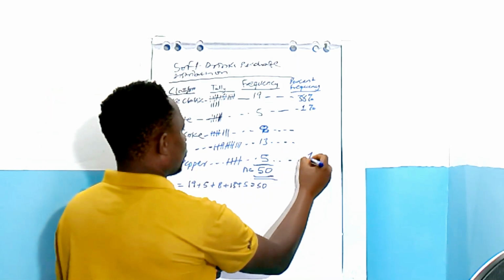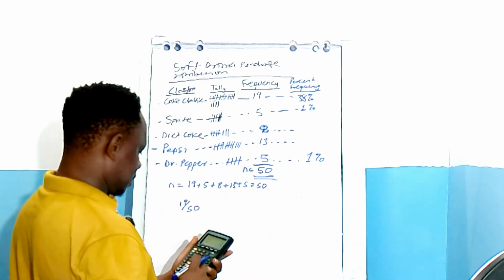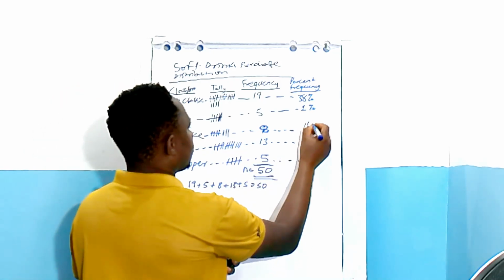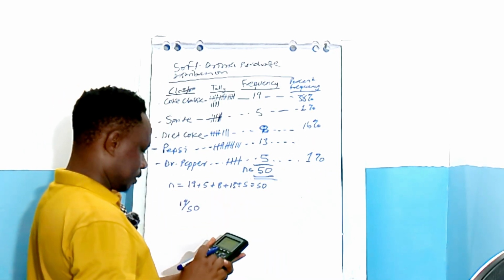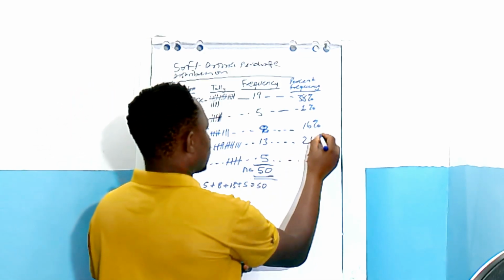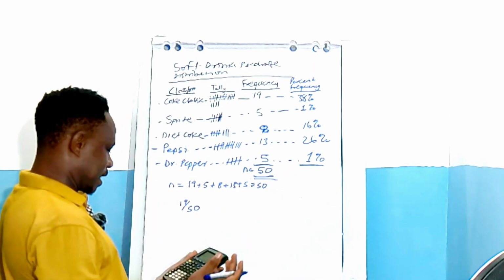Here will also be 10%. And then the next one will be 8 divided by 50, which gives us 16%. 13 divided by 50 will give us 26%. If you sum up everything, it should add up to 100, like we previously said.